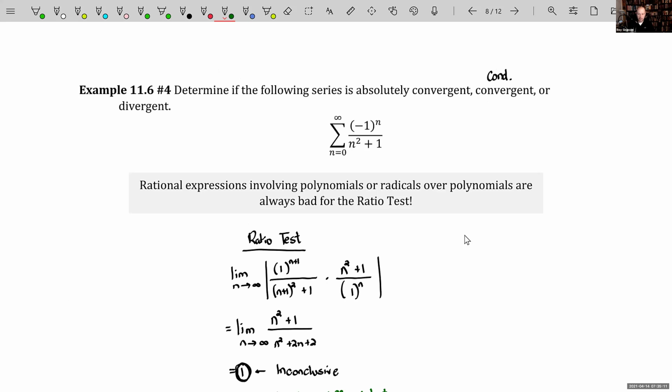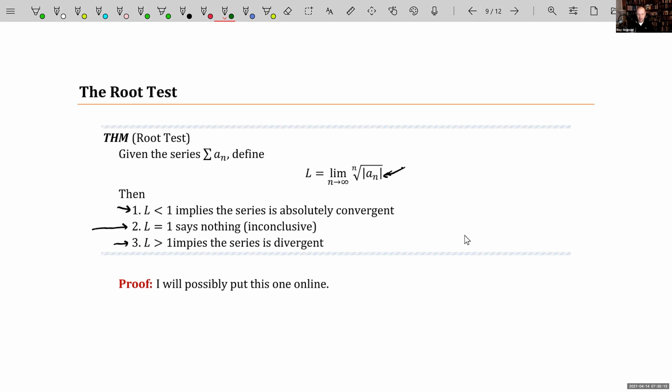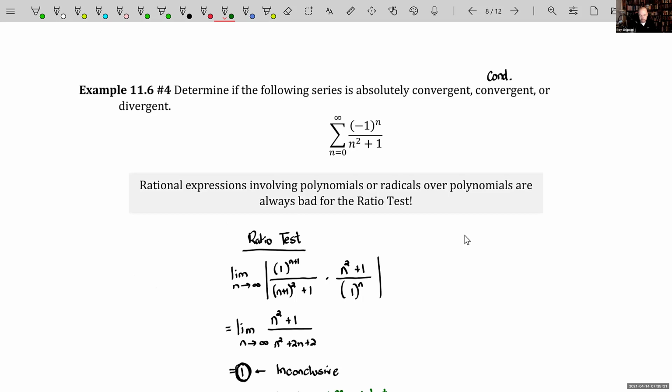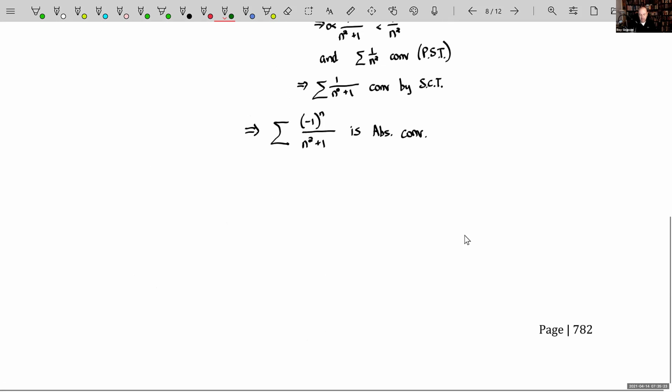Yep, got that one. And then the root test. Aha. Okay, so I'm going to sneak in one extra example here of the ratio test. I'm just going to sneak it in on this page right here. All right, so let's just do one more example, sneak one in here because we can, okay?